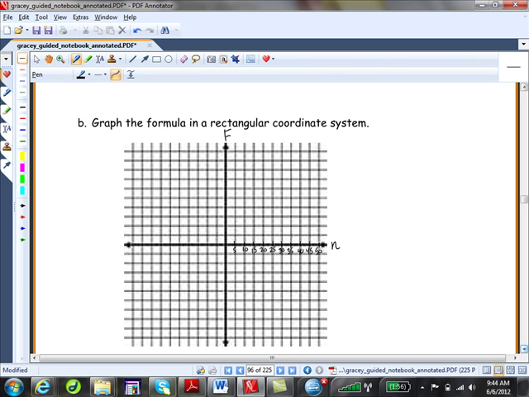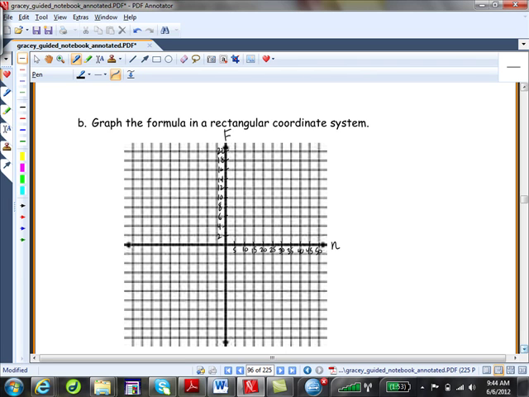And then the f axis goes from 10 to 16. So just like before, we might want to go by twos. So 2, 4, 6, 8, 10, 12, 14, 16, 18, and 20.